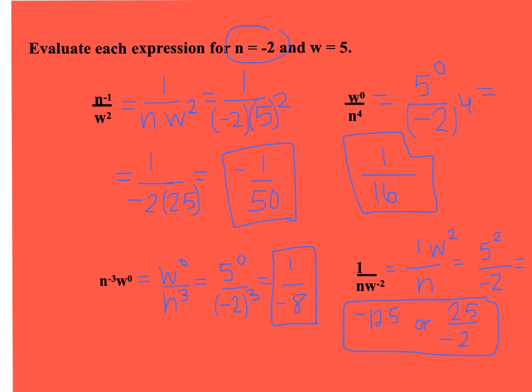In this third example, when I moved n to the denominator and it became n cubed, when I replaced n, I used parentheses, and it makes a difference sometimes. It wouldn't necessarily in this one, but it does make a difference sometimes if you forget to use those parentheses and you were supposed to. That -2 is all being cubed, so it really should be in parentheses there, and it still maintains the negative. It's 1 over -8 there.